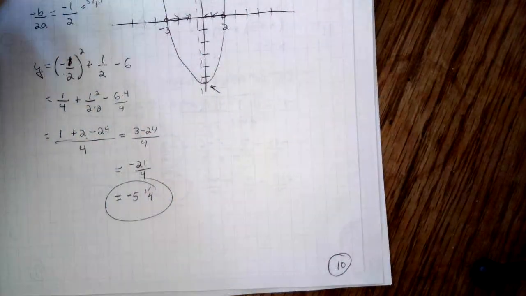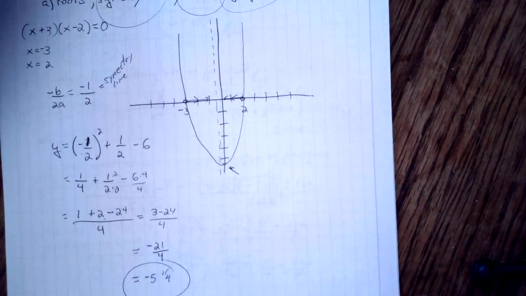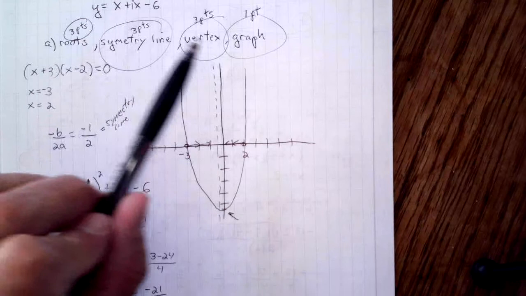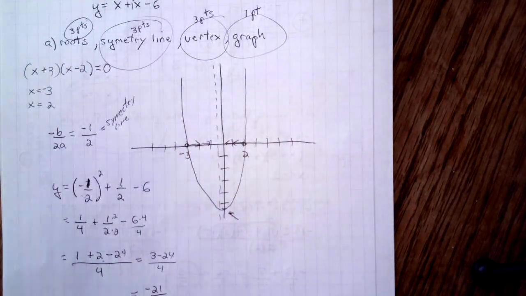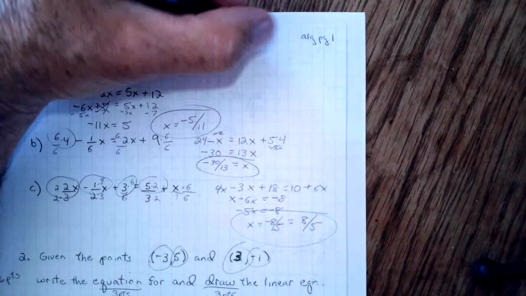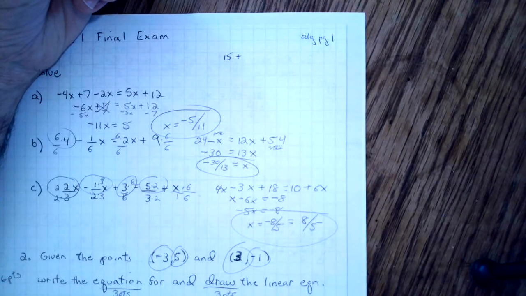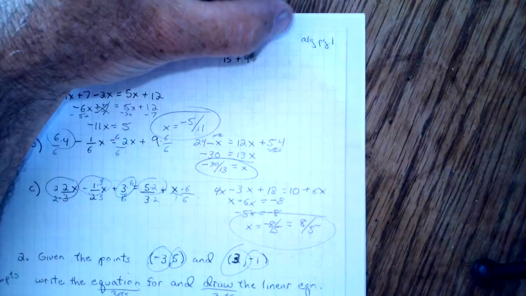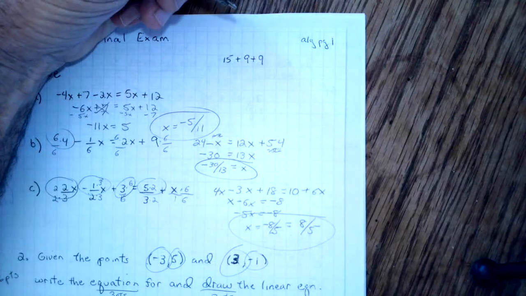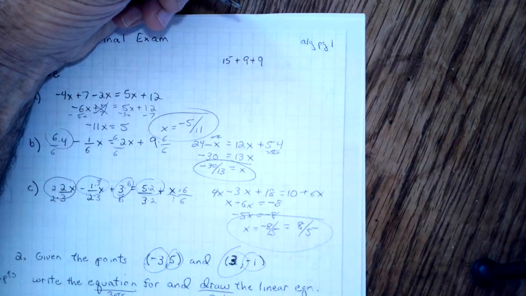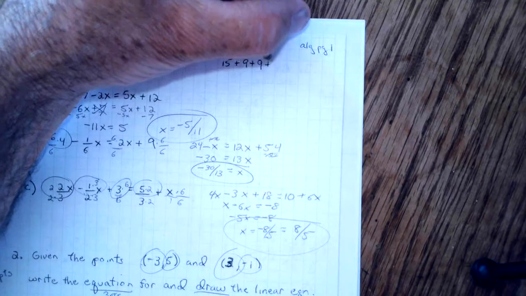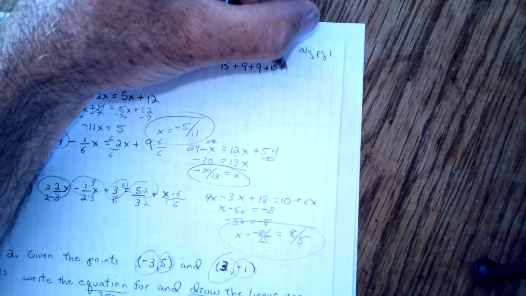Okay, for the symmetry line, show you here, symmetry line, the vertex, the graph, and the roots. So if I add all those up, go to the front, and I'm going to add them up. Page 1 is 15, plus page 2 is 9, page 3 is 9, page 4 is 10, and page 5 is 12.